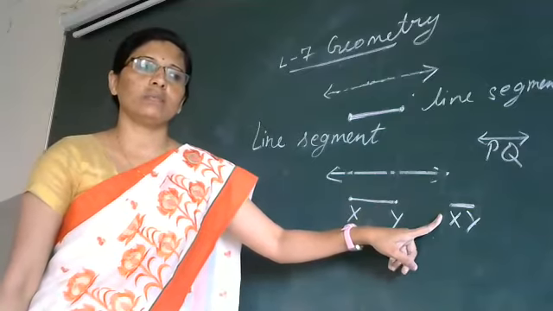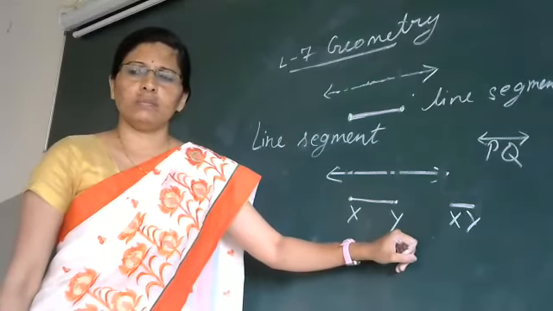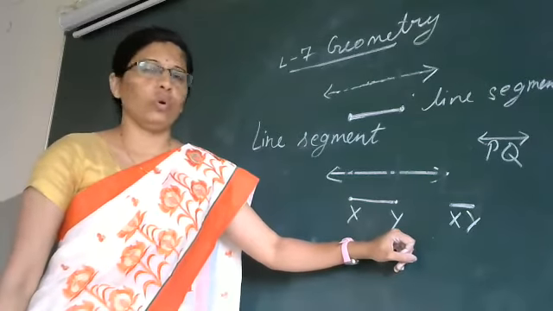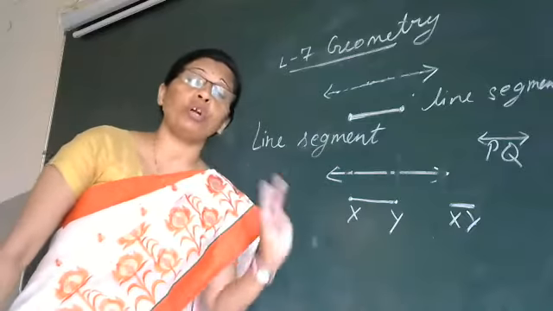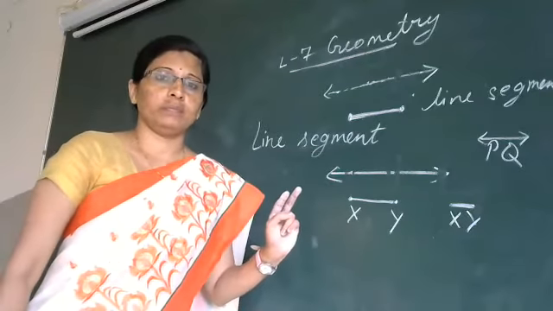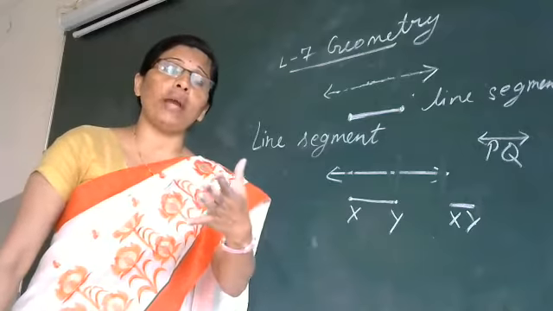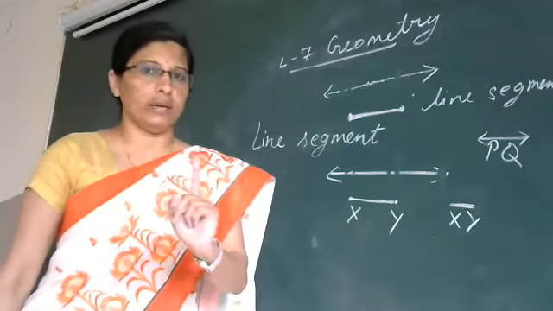Okay, ask Shreyash. Line segment also can be named by one small letter? Line segment has two endpoints, so both the endpoints should be named. Line is not having endpoints, so you can give that one small letter.